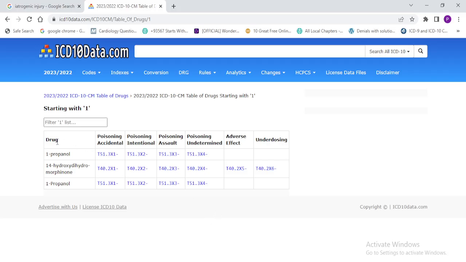If we check this table, the first column on the left is the drug name, next is poisoning accidental, then poisoning intentional, poisoning assault, poisoning undetermined, adverse effect, and underdosing. If the patient has poisoning, we need to check whether it is due to accidental, intentional, assault or undetermined.